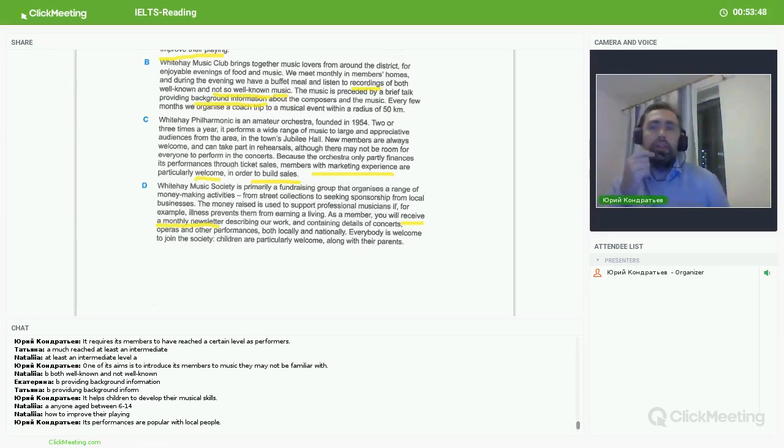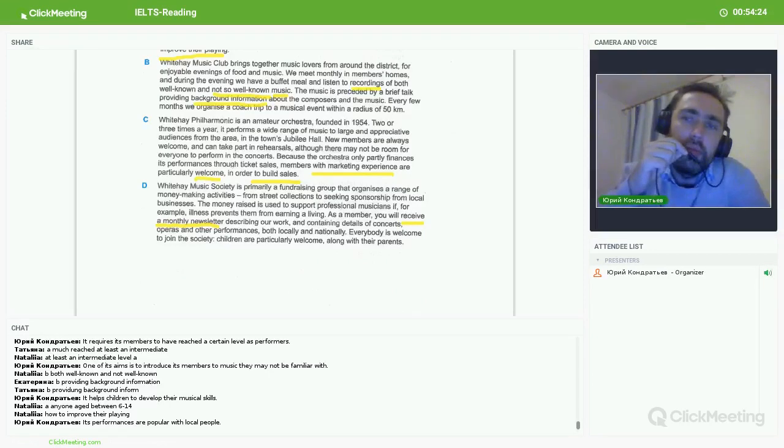So this is not text A, that's why I have closed it. It's B, C, or D. Choose one. So its performances are popular with local people. Performances.